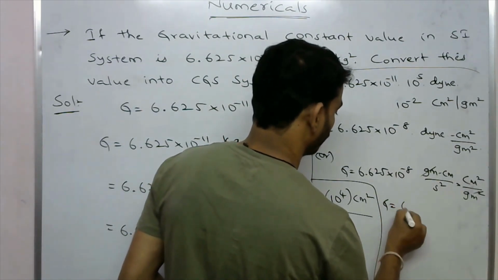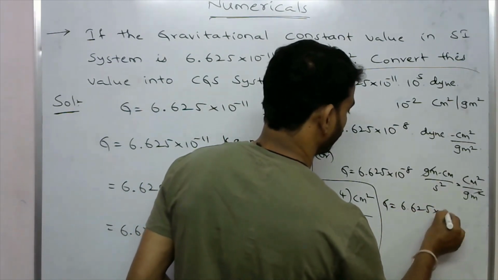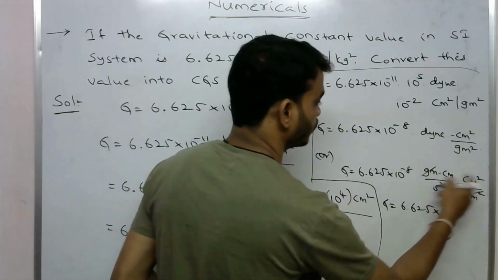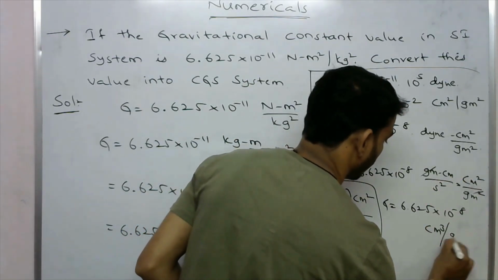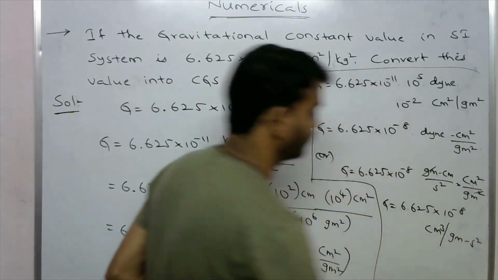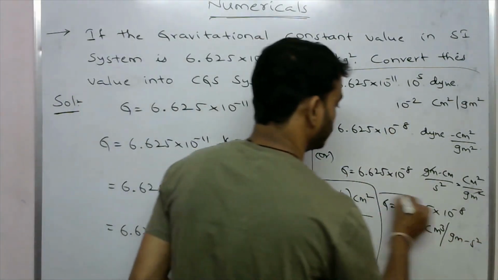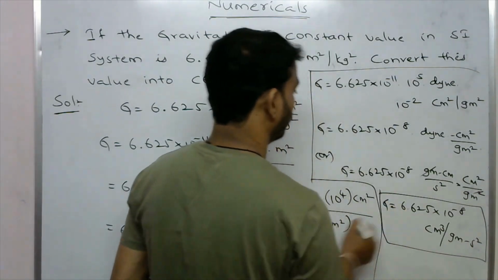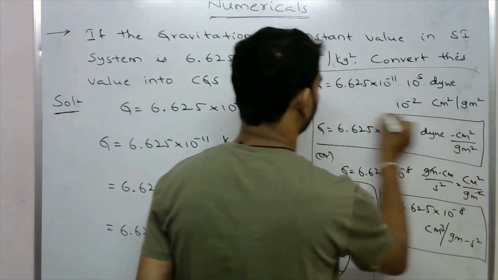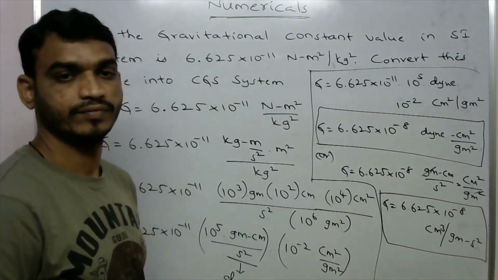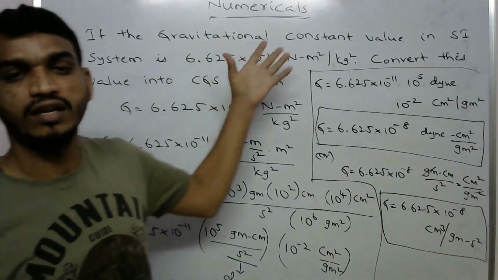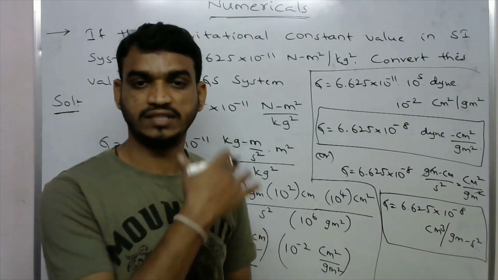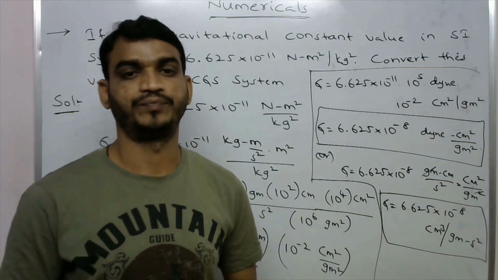So G equals 6.625 into 10 to the power of minus 8 centimeter cube per gram second square. Okay, so this is how we convert the gravitational constant from the SI system to the CGS system.